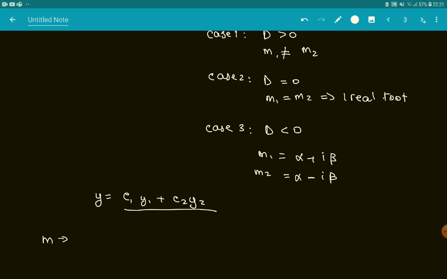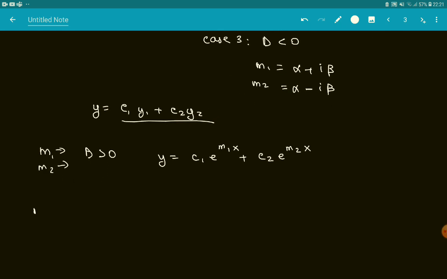So let's say after we find m1 and m2, and this is case 1, where the discriminant is bigger than 0, so we have two different real roots. The answer for y will be c1 e to the power m1 x plus c2 e to the power m2 x.